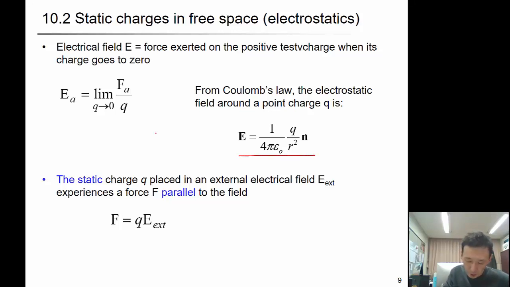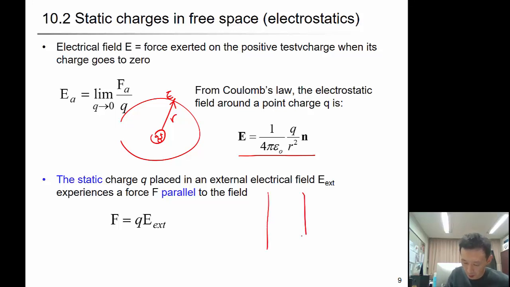So you can calculate the E that's exerted by the point charge Q. A static charge Q placed in an external electrical field E_ext experiences a force F parallel to the field.